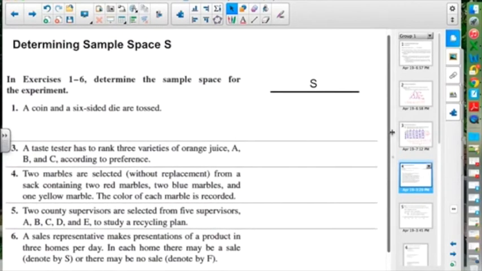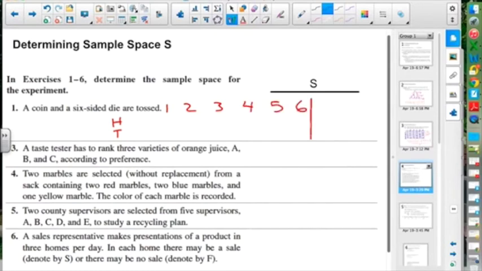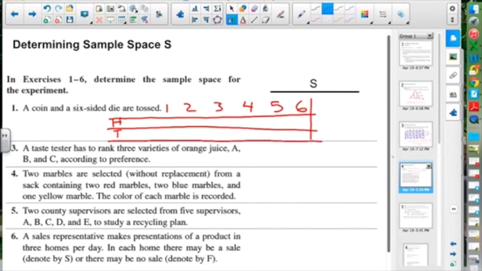If we have a coin and a 6-sided die, this is one where the table would be helpful for us. Okay? So we have a coin, which means we get either heads or tails. And then we get a die, so we have 1, 2, 3, 4, 5, or 6 for ourselves. Okay? So a head and a 1 or a head and a 2.